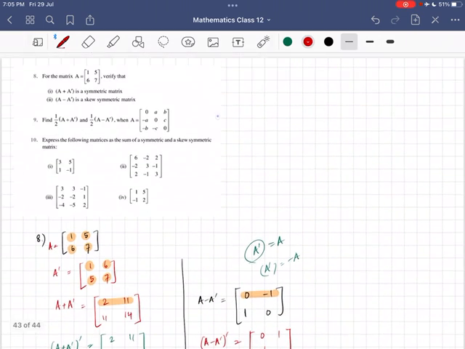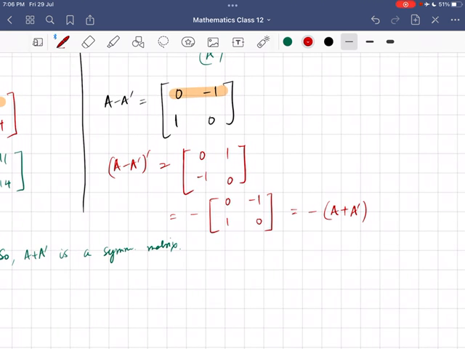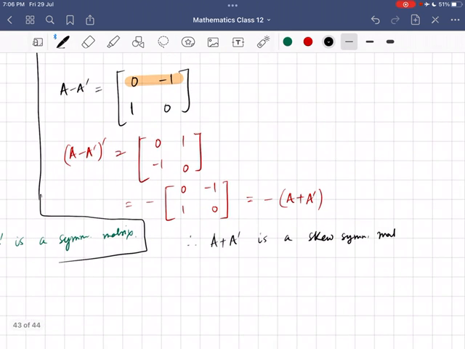Okay, that's verified. Therefore A minus A transpose is a skew symmetric matrix. That proves it.